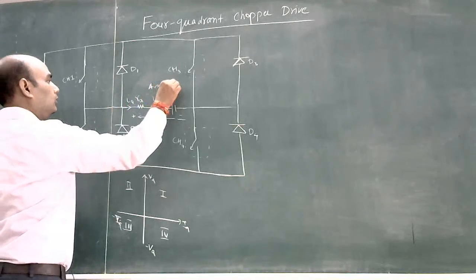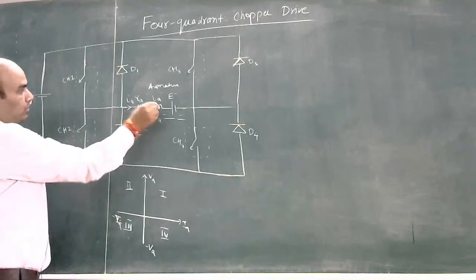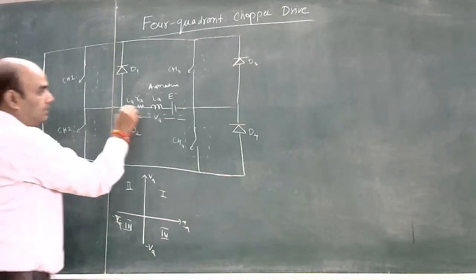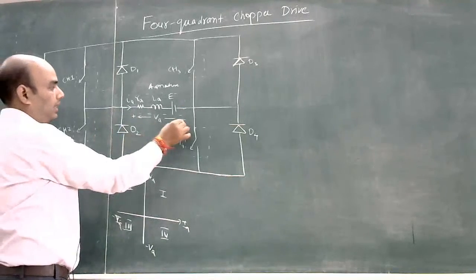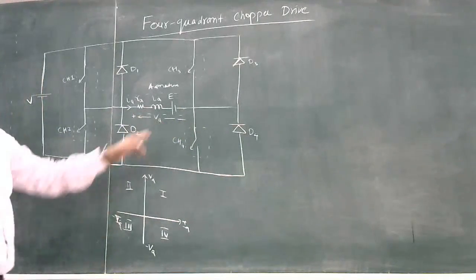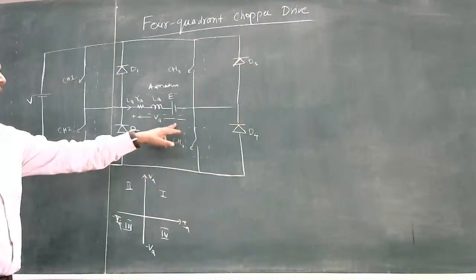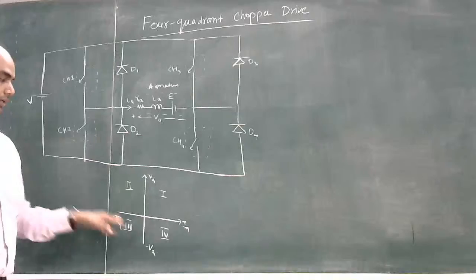The current flowing through this armature is IA, assuming it flows in this direction, and we assume the voltage across this armature is V. So we will see all four quadrants one by one.